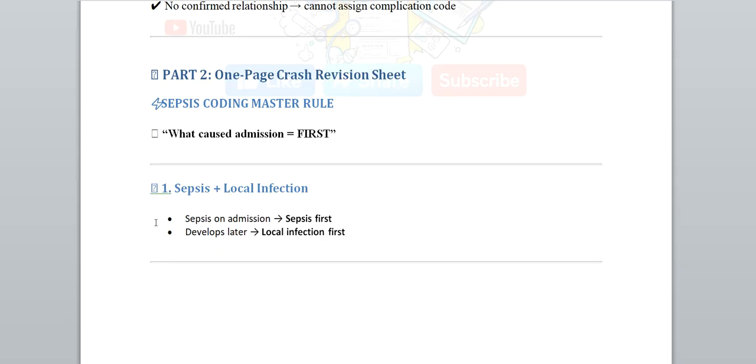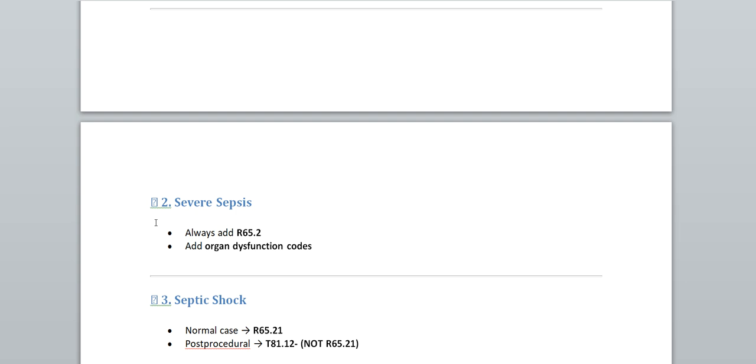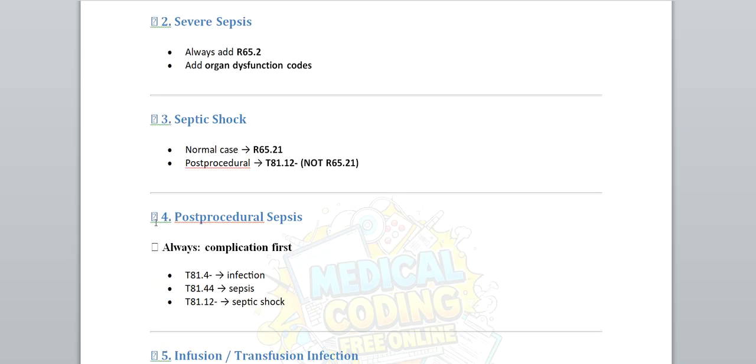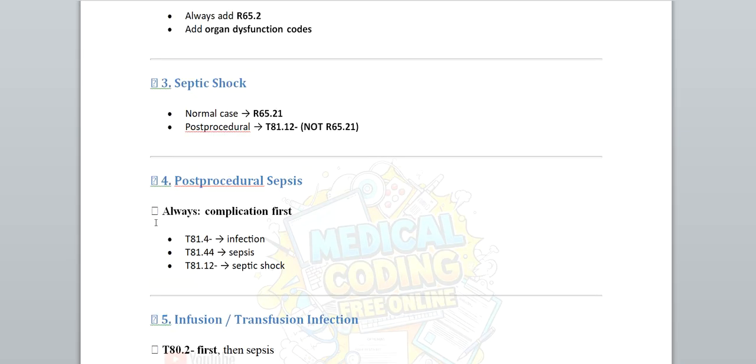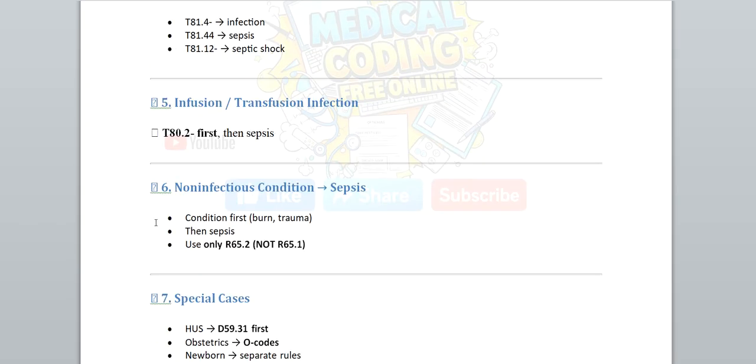Shortly, we discussed roughly that what caused admission is first. So if sepsis and local infection are present on admission, sepsis first. If it develops later, local infection first. For severe sepsis, always add R65.2 and the organ dysfunction code. For septic shock, normal case R65.21, post-procedural T81.12. So for procedural sepsis, the complication is always first. For infusion sepsis, the non-infectious condition first, then sepsis.